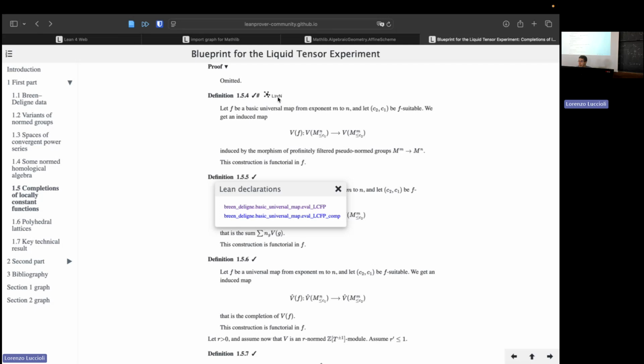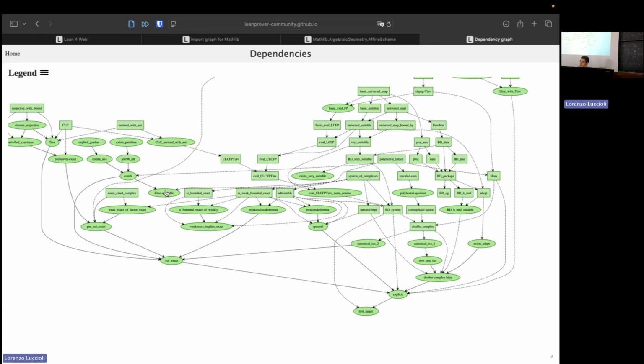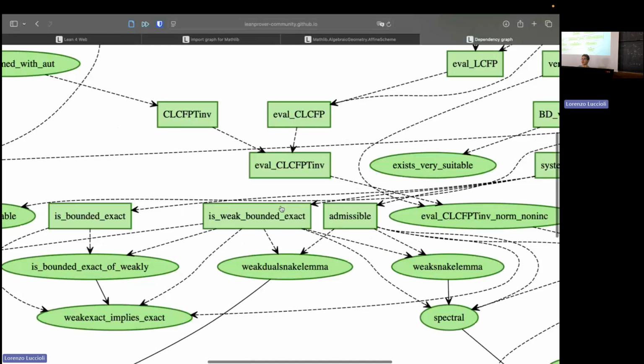See the Lean code, and a very cool feature of the blueprint is that it automatically builds the dependency graph of this project. Every piece, every node of this graph is either a definition or a lemma. And we see that they are linked.